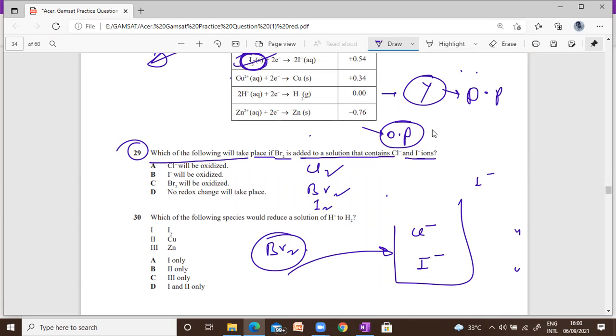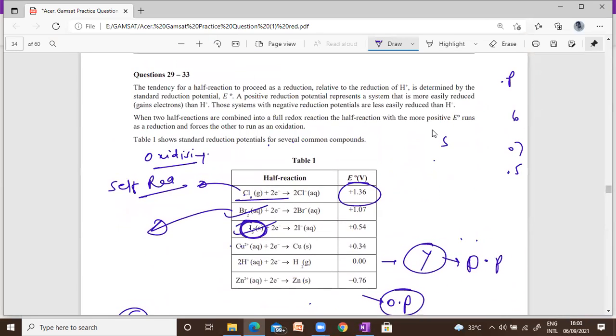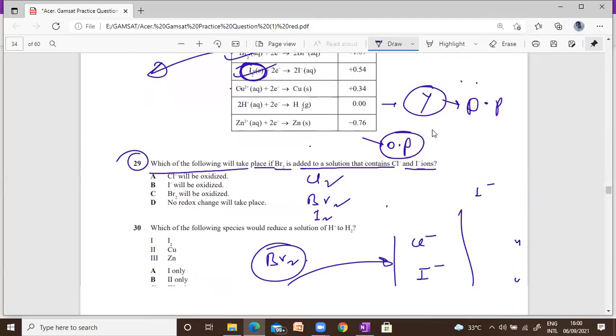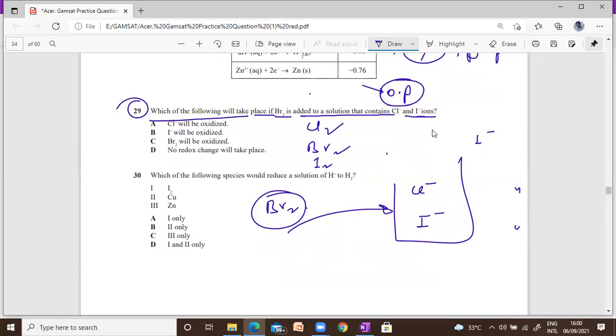The bromine value is 1.07, which is lower than chlorine but higher than iodine. So if bromine is higher than iodine, it means bromine can oxidize iodine negative, not Cl negative. So Cl negative is a wrong one.